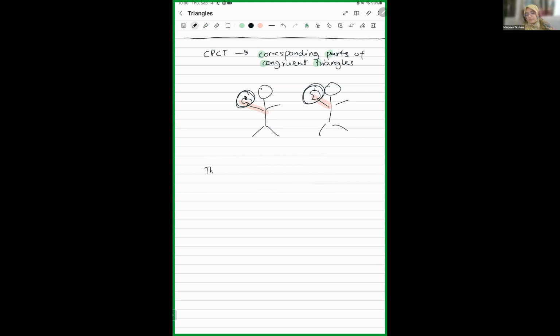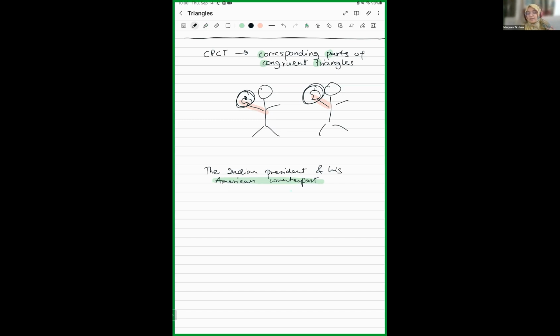See, for example, we say the Indian president and his American counterpart. Can someone tell me what this American counterpart means? Okay, let me give you a hint.